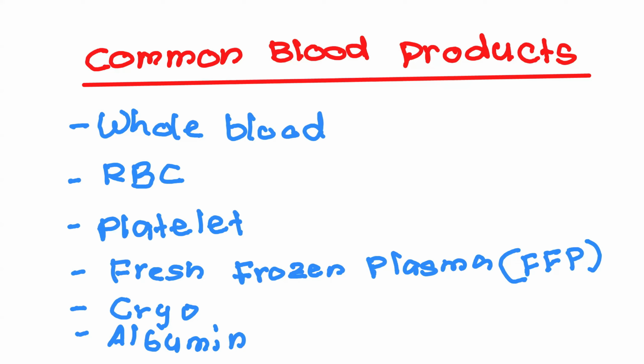So generally, these are the main blood components that we can see in our blood bank and use in our clinical setting, especially RBC, platelets, and FFP, and sometimes cryoprecipitate, which we transfuse to the patient. Therefore, knowing about these components is important, right?